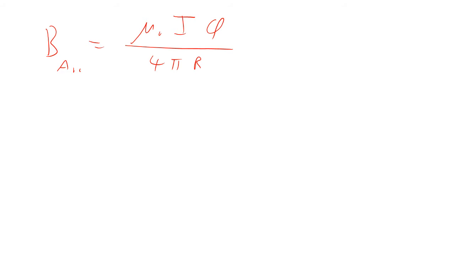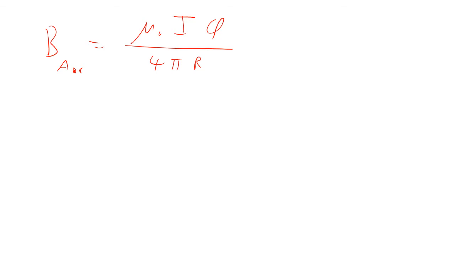And we know that the magnetic field of an arc of charge, we just derived the magnetic field of an arc of charge. That is mu naught I times the angle divided by 4 pi r. Okay, so that's the magnetic field for an arc of charge. And so now all we need to do is figure this out for these 3 arcs right there.